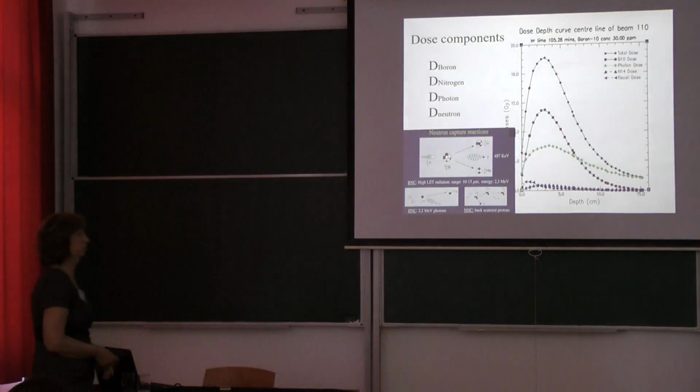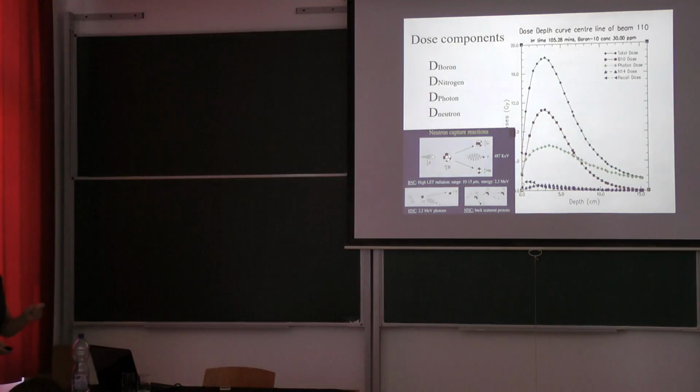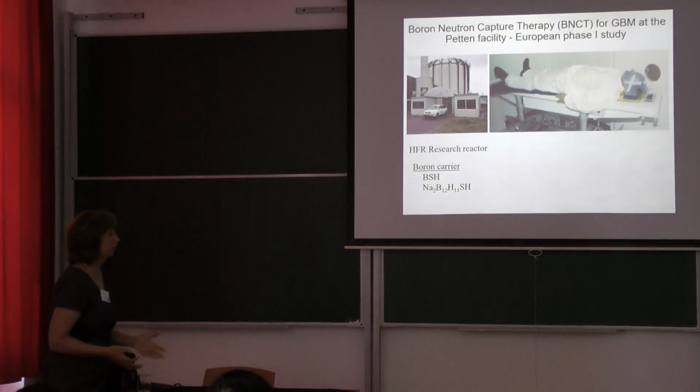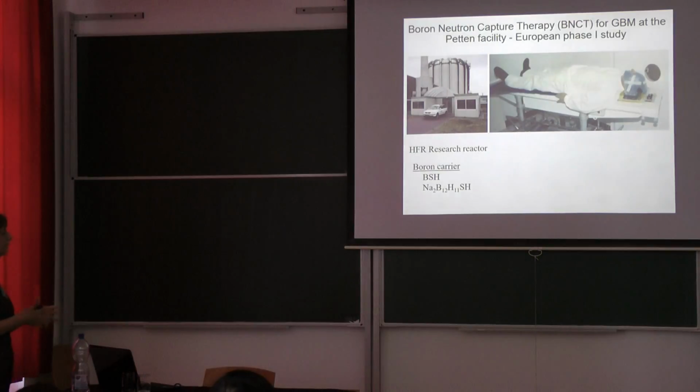It needs a lot of research, a lot of money, because only to consider the dose which is absorbed from this boron reaction, you have seen the alpha and the lithium particle, but there is a lot of nitrogen in the human body, and the neutron component has its impact, and the photons, which cannot be gotten rid of, come from the production of the neutrons. So finally, it seemed to be hopeless to handle all of these components and the boron carrier material optimization.